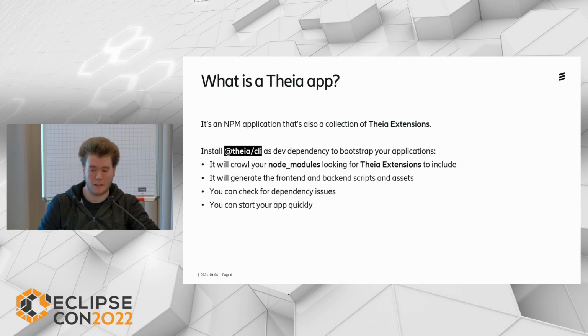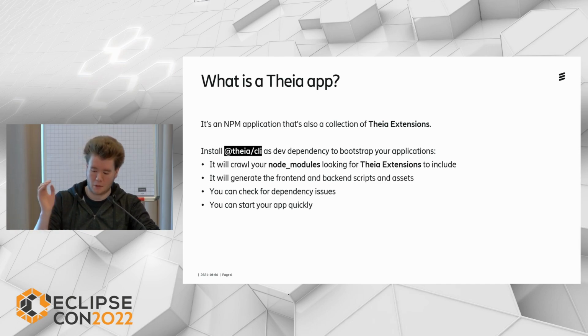So a Theia application is just a collection of Theia extensions, essentially. And in order to create such a thing, you use the Theia CLI. What it does is that, given your dependencies on your application, it will crawl your node modules, which is where everything is installed, and collect every single Theia extension.